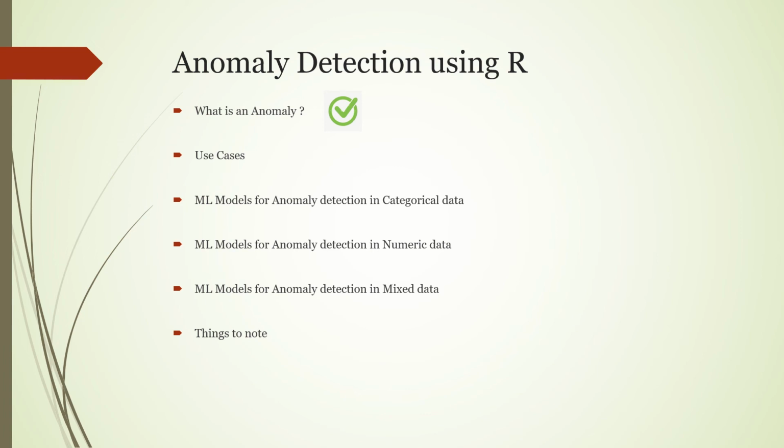We started an anomaly detection using R series where the focus is to first understand what an anomaly is and then look at how we can identify anomalies using certain models, and all of the setup we'll study and implement in R. In the last video we looked at what an anomaly is and the general definition of anomaly.